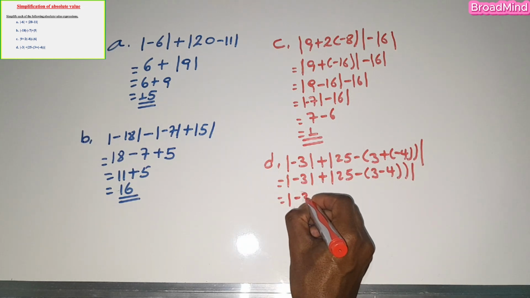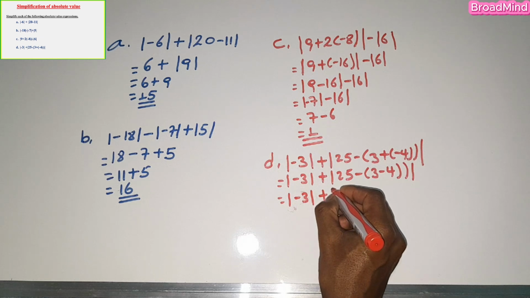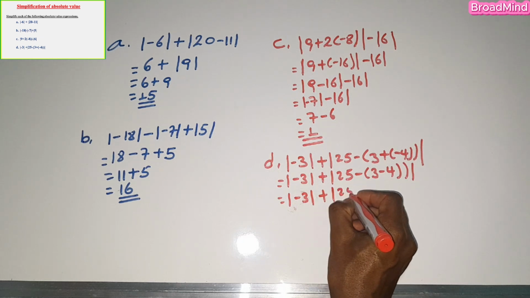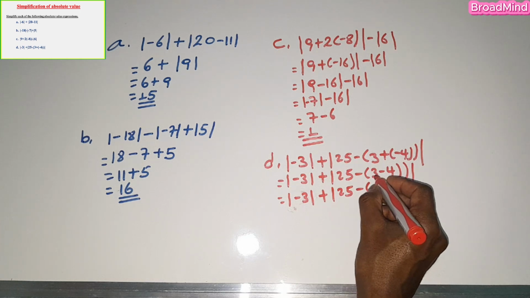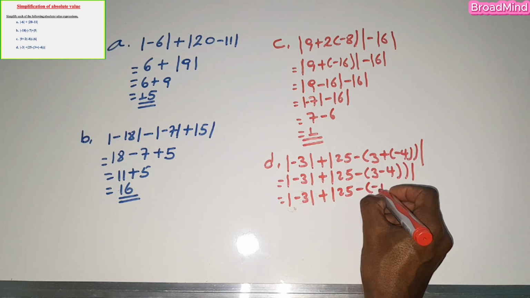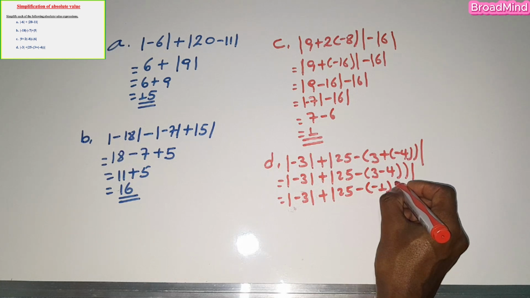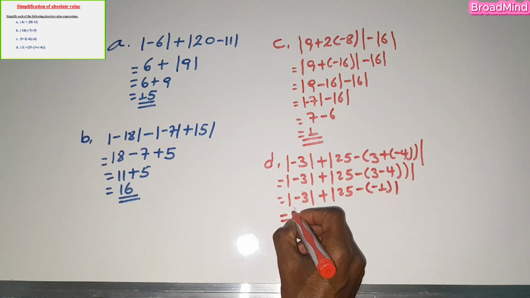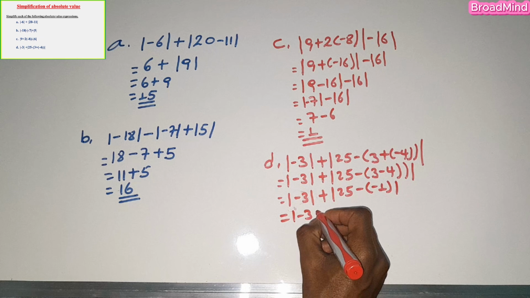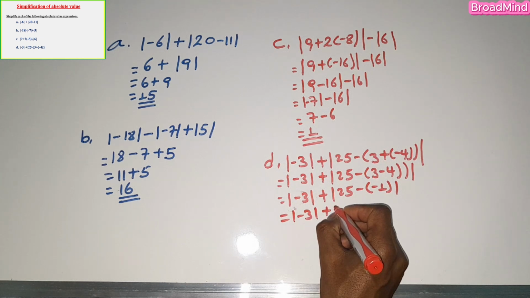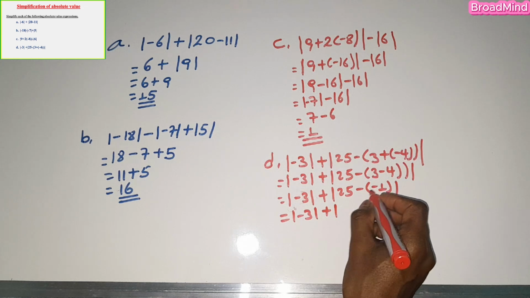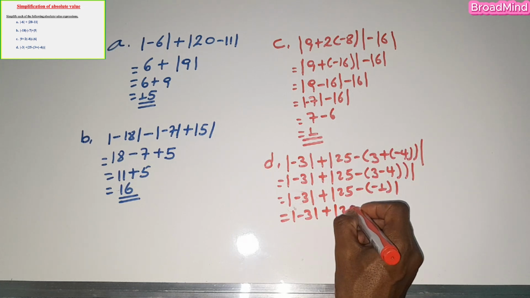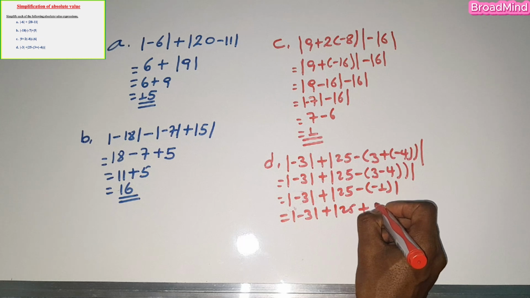Absolute value of negative 3 plus absolute value of 25 minus, in the bracket here, negative 1. Absolute value of negative 3 plus absolute value of negative times negative positive, now 25 plus 1.